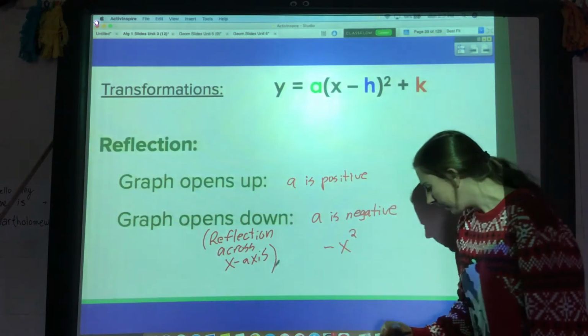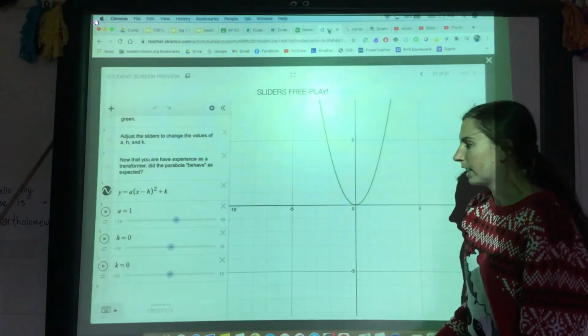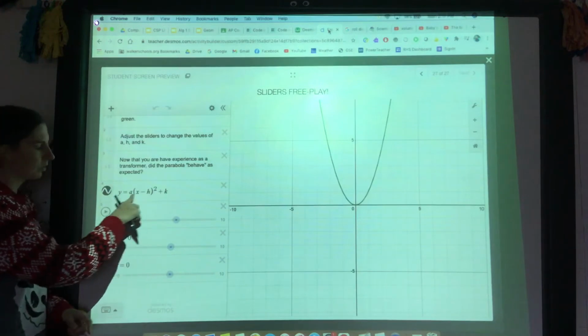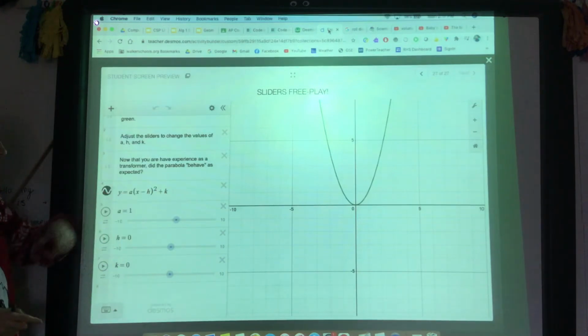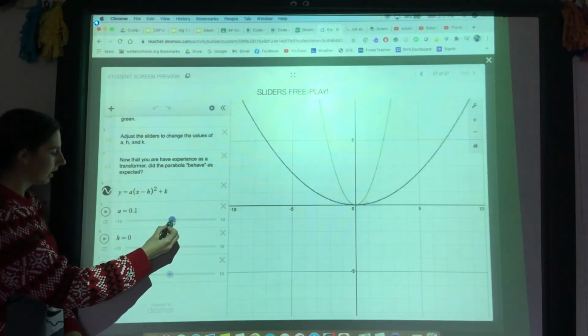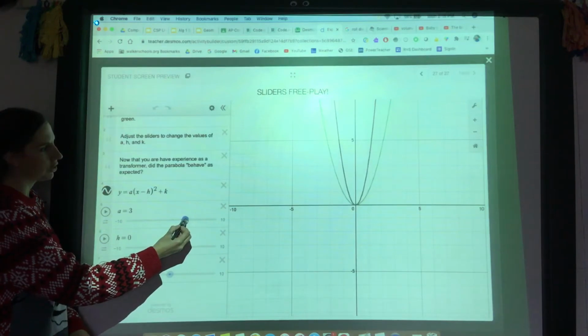You can see that on this demo here. So notice here's my A, H, and K, and currently A is 1, but if I make it bigger, see how it's vertically stretching?